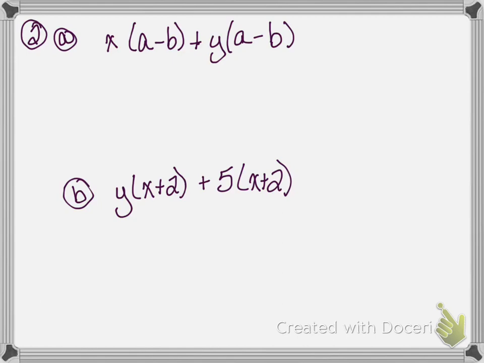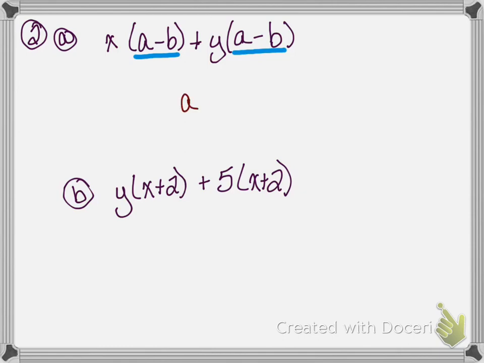factoring problems where you already have some of the factoring done for you. Okay, so you do not need to distribute this x or distribute that y. What I want you to focus on is the fact that you have a minus b and a minus b. So that is one of your factors.